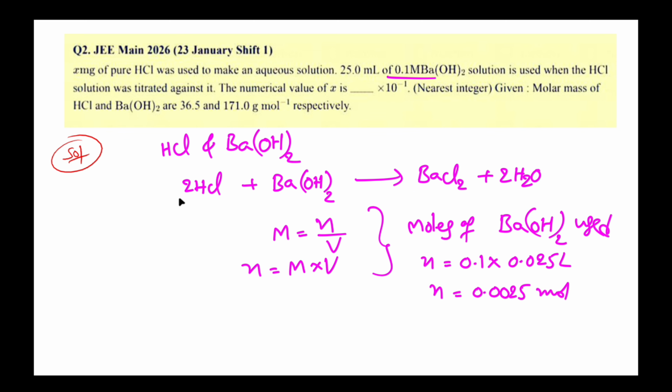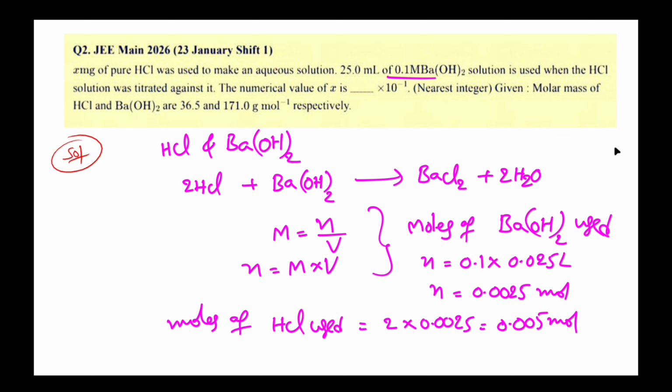So based on the balanced equation, we find that moles of HCl is double the moles of Ba(OH)2. So moles of HCl used is equal to 2 into 0.0025, that is 0.005 moles.